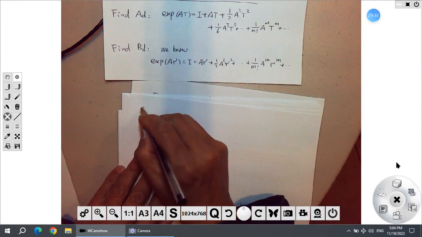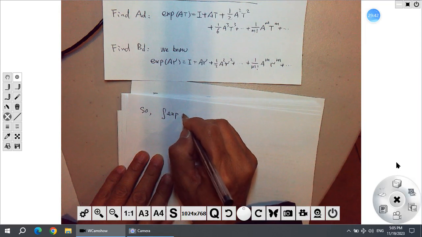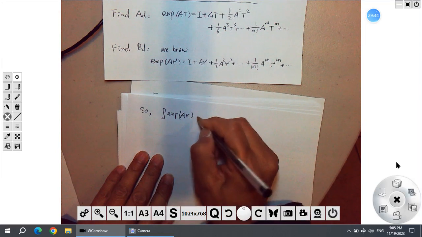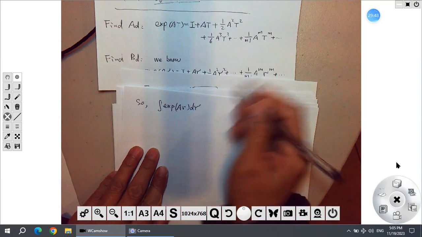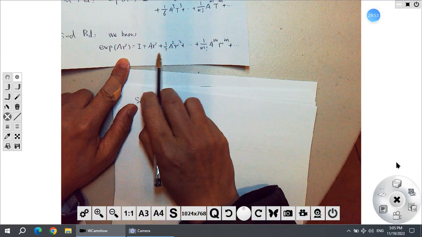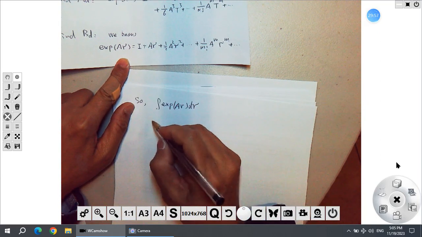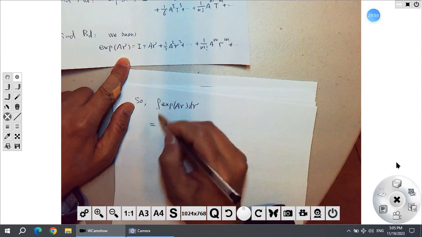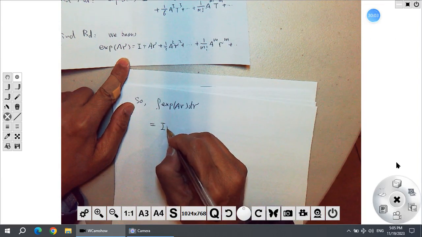So the integral of exponential power of a gamma d gamma is just the integral of all of these terms. Gamma is the variable. So this is I, then it will be I gamma, right?